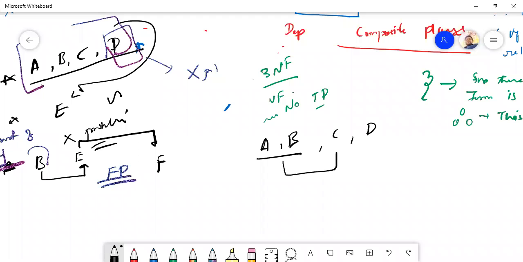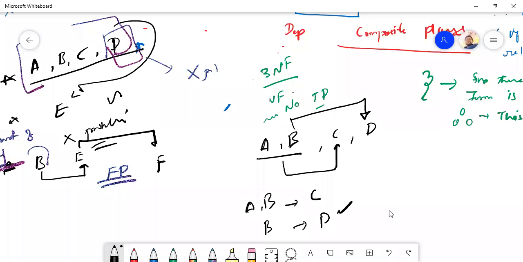If I ask whether this is first normal form, I'm telling you okay, this is 1NF. First normal form means you can simply say C is depending fully, no worries. But D is depending only on B.